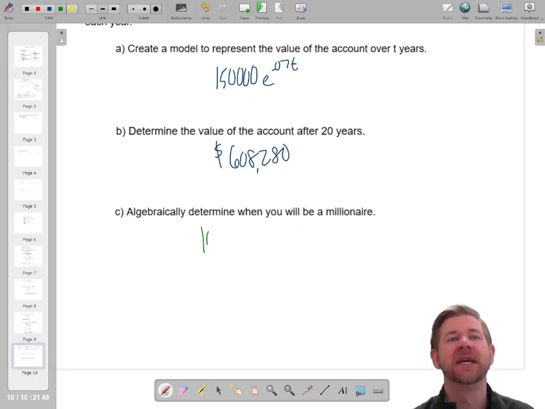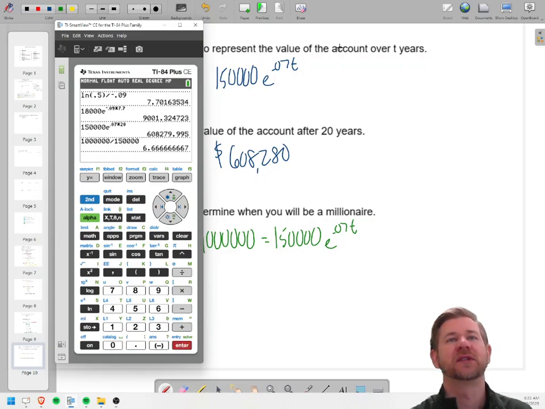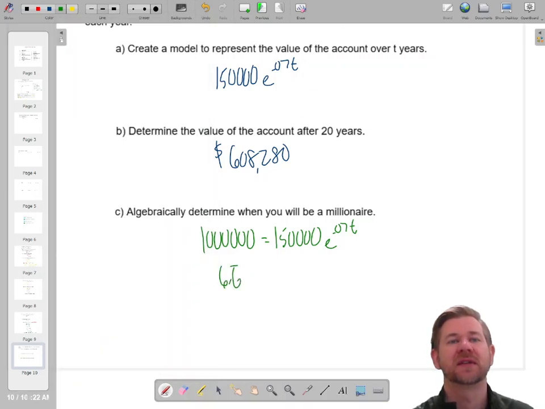So we'll say a million equals 150,000 e to the 0.07t. So the first thing I need to do is divide by 150,000. These are big numbers. All right, so 6.6 repeating. 6.6 equals e to the 0.07t.